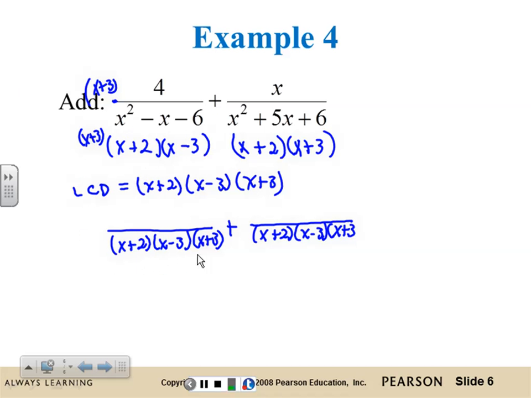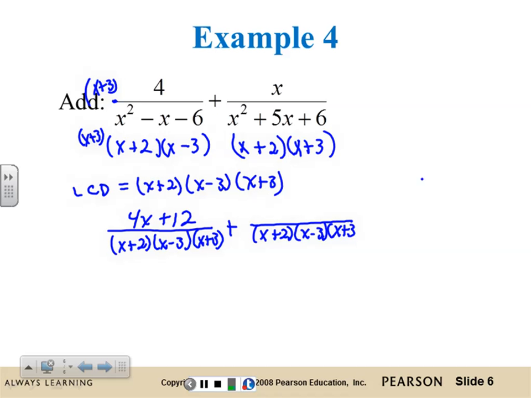Doesn't matter how you write it, it's multiplication, it's commutative. But in order for this to be an equivalent fraction, I've got to multiply my numerator times that same x plus 3, which is the distributive property. So 4 times x is 4x, and 4 times 3 is 12. Now we're going to do the same thing on the one on the right. Here's my old denominator, and here's the common denominator.